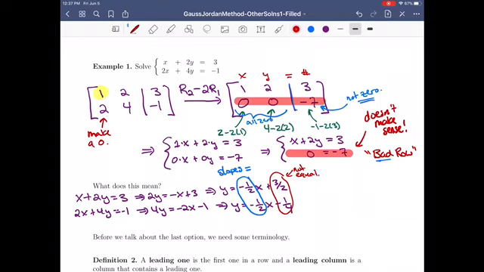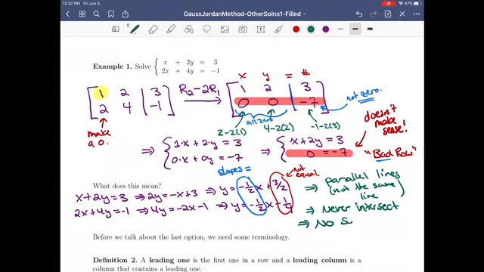So what that means is that we have parallel lines, because they have the same slopes, that are not the same line. So that means that they never intersect, which means that there's no solution.